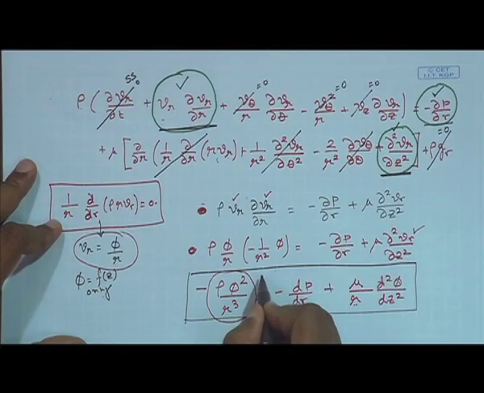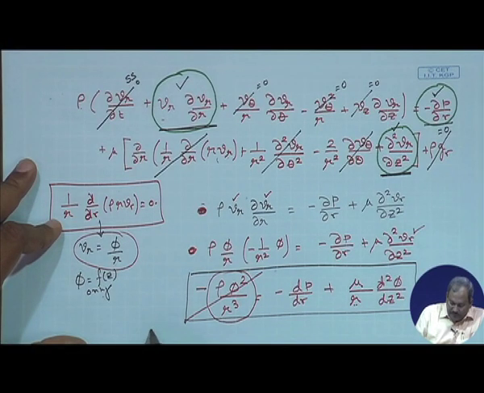Those special flow conditions in which the effect of the convective term can be completely neglected are known as the creeping flow situation. So, the case where this entire term is equal to 0 is called creeping flow.